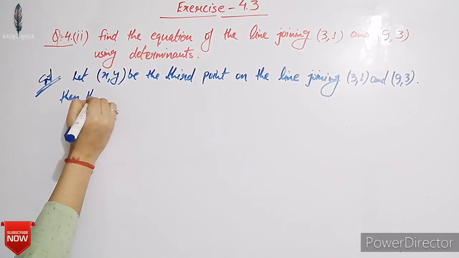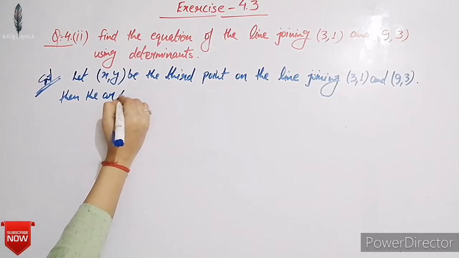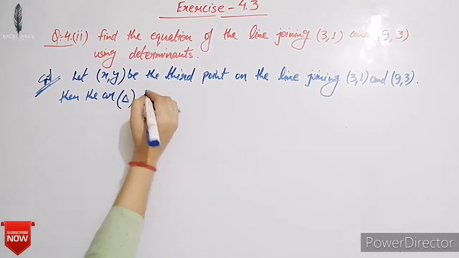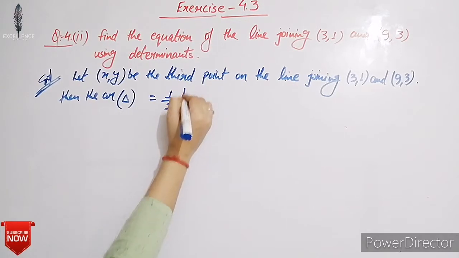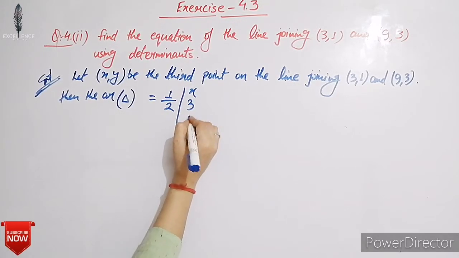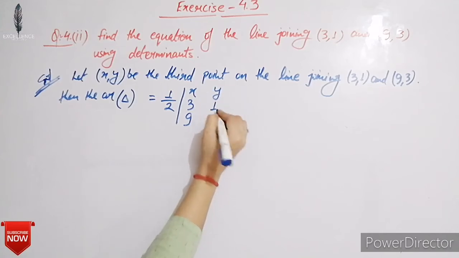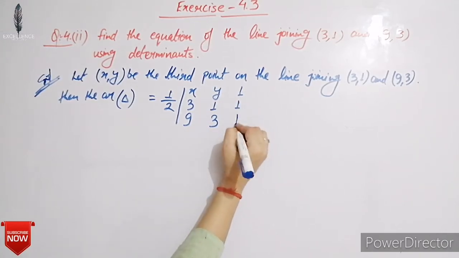Then the area of the triangle with these vertices is equal to 1 by 2 times the determinant x, 3, 9; y, 1, 3; 1, 1, 1.